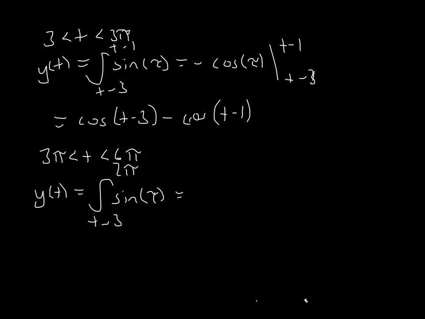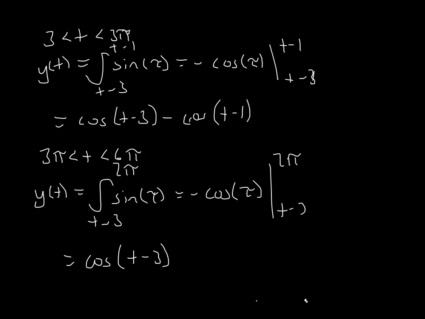And that equals negative cosine of tau from t minus 3 to 2 pi, which equals the cosine of t minus 3 minus the cosine of 2 pi, which is just 1.